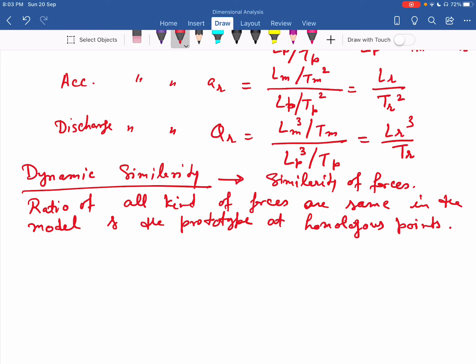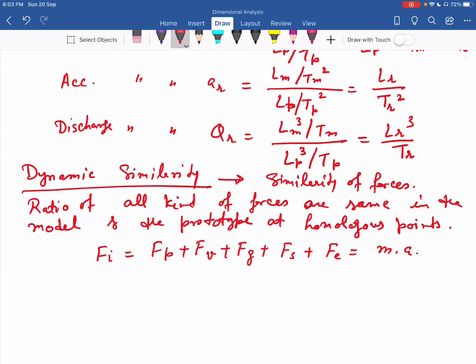Means these five forces result in an inertia force. So we can write Fi should be equal to Fp plus Fv plus Fg plus Fs plus Fe. That is equal to mass into acceleration. That is the inertia force.